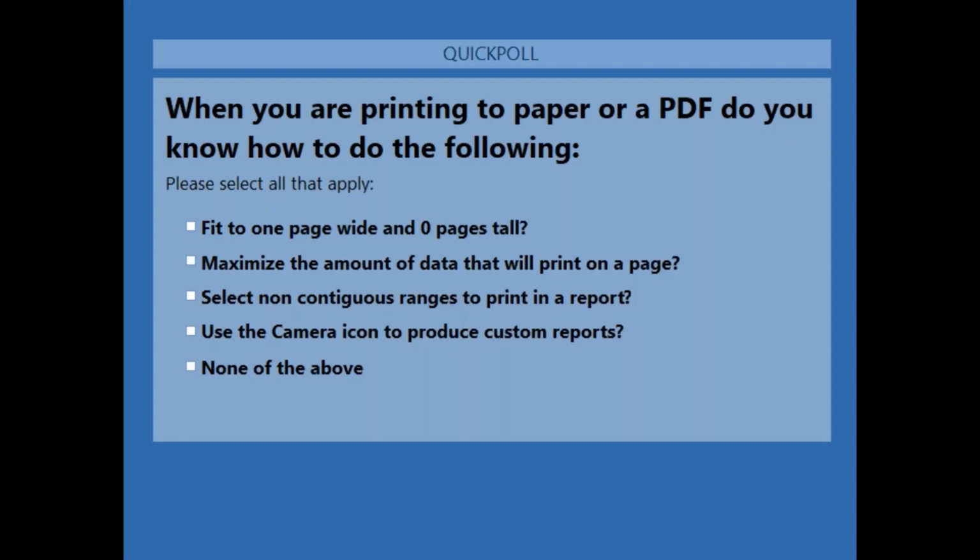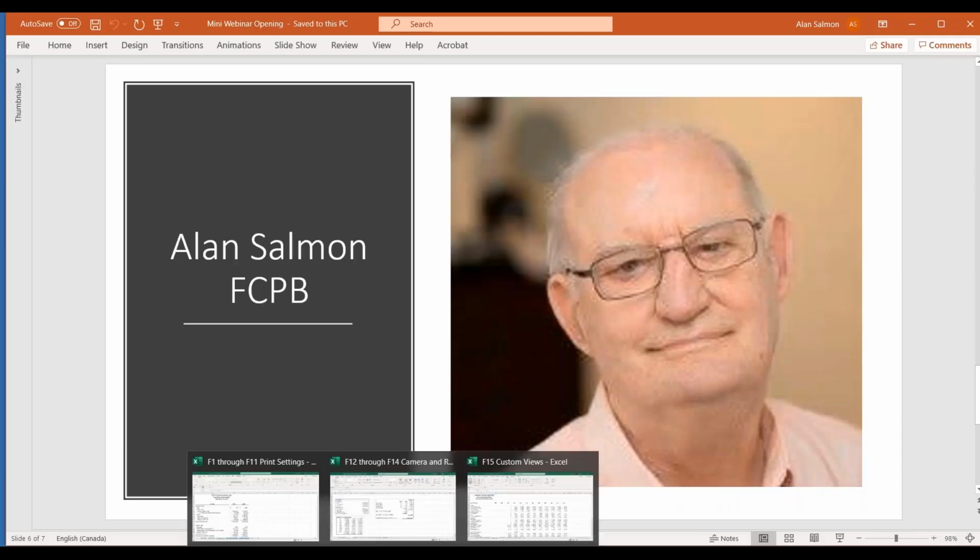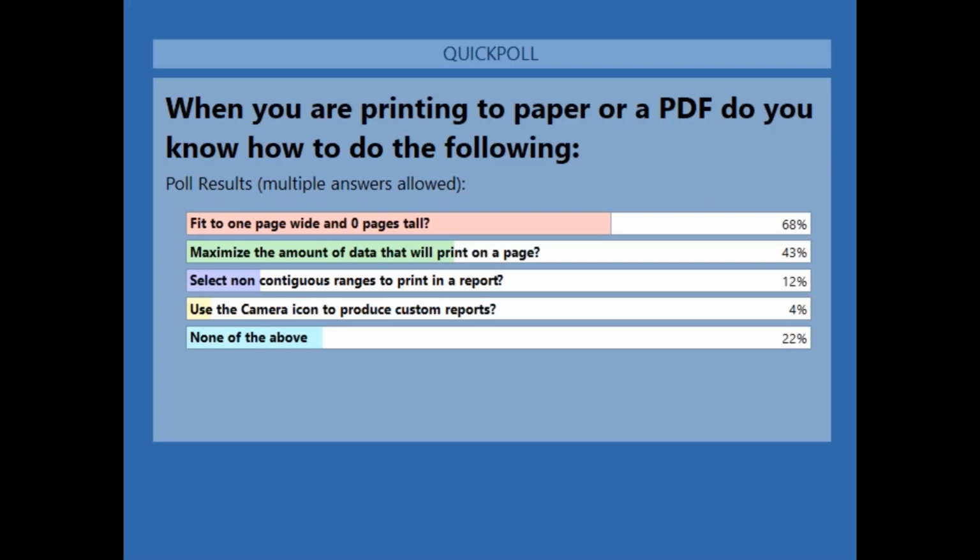Can you use the camera icon to produce custom reports? Or none of the above. We hold our polls open until we see 90%. I'll be closing the poll, and I'm sharing the results with you now, Alan.